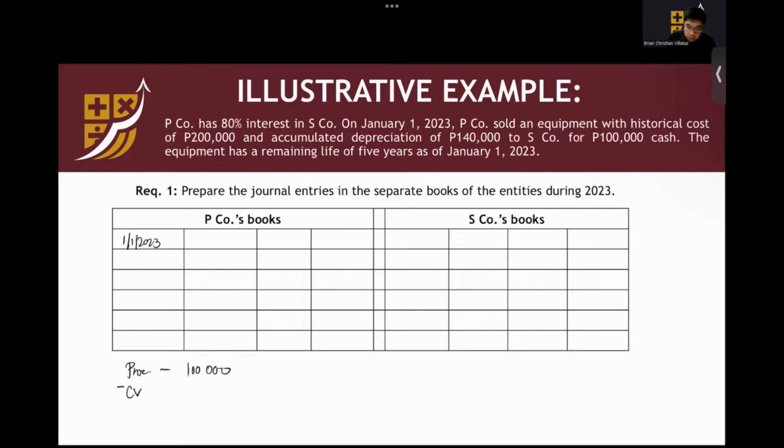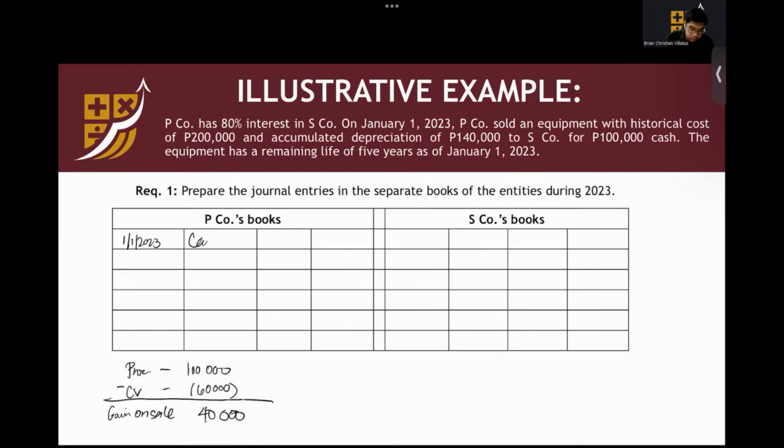That is 200 minus 140, right? So that is 60,000. Because the proceeds are higher, we have a gain on sale amounting to 40,000.